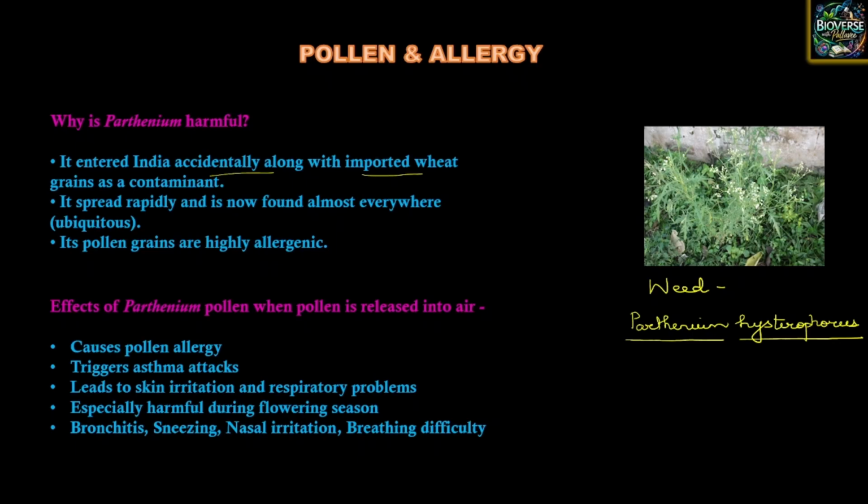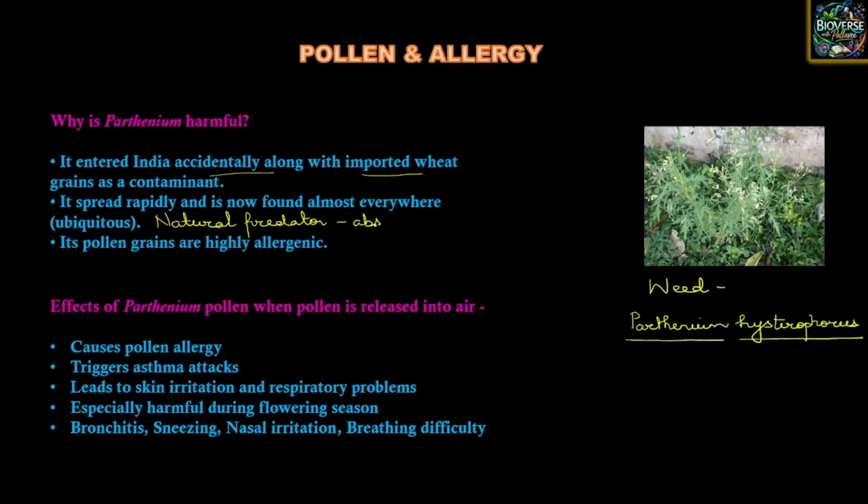Now it spreads rapidly and is almost found everywhere. That is why it is ubiquitous, and as a result it keeps on growing and spreading rapidly because its natural predators are missing. And when the natural predators are missing, it has a full-fledged chance of rapidly spreading itself.